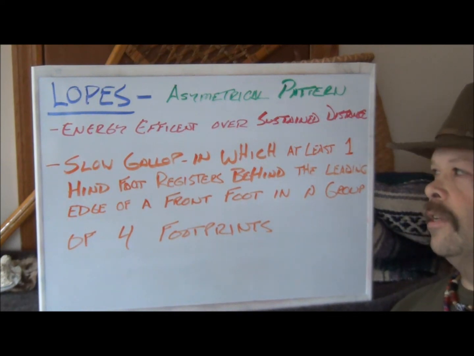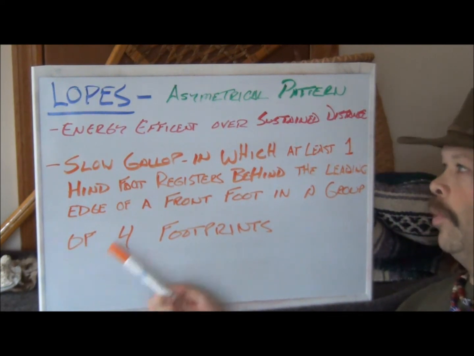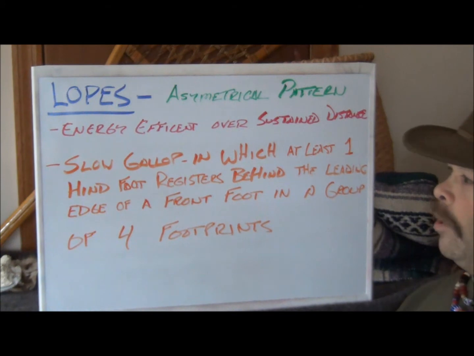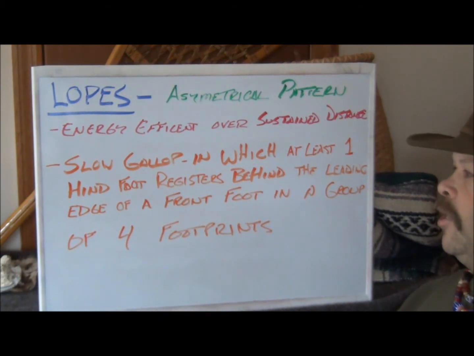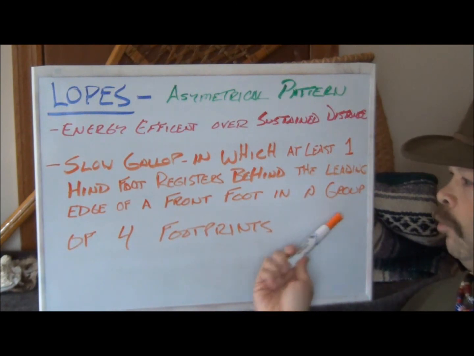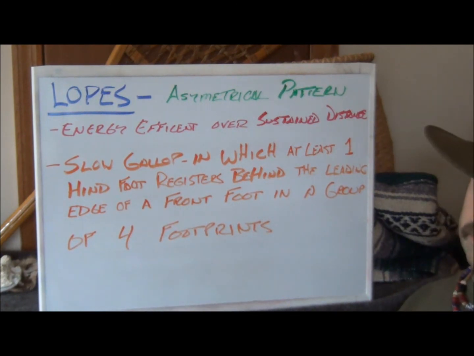And in essence, a slow gallop lope is one in which at least one hind foot registers behind the leading edge of a front foot in a group of 4 footprints.